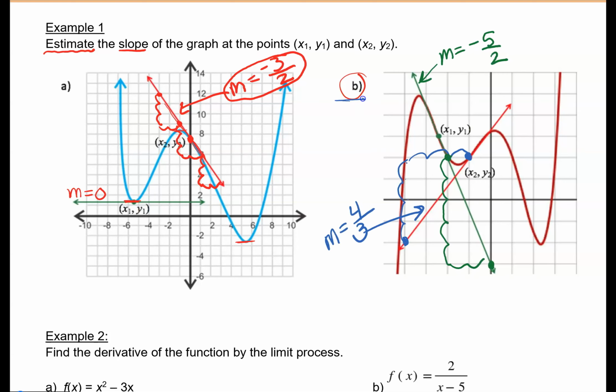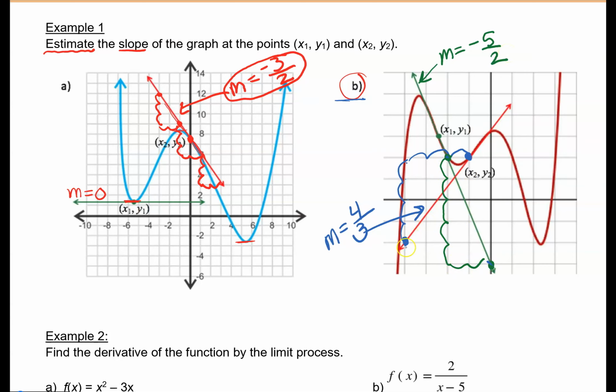Okay, so for part B, for the green tangent line here, that's hitting the graph at x1 comma y1. First of all, it was going down, decreasing fairly steep. I just chose this point and this point since they were easy for me to read, and I noticed that between those two anyway, it went down 5 and over 2, so roughly -2.5 for that slope.